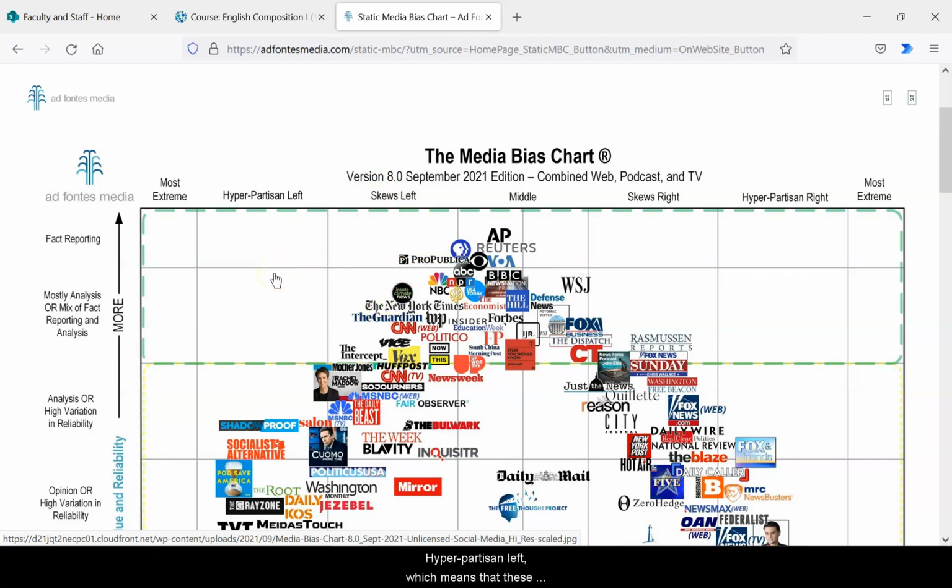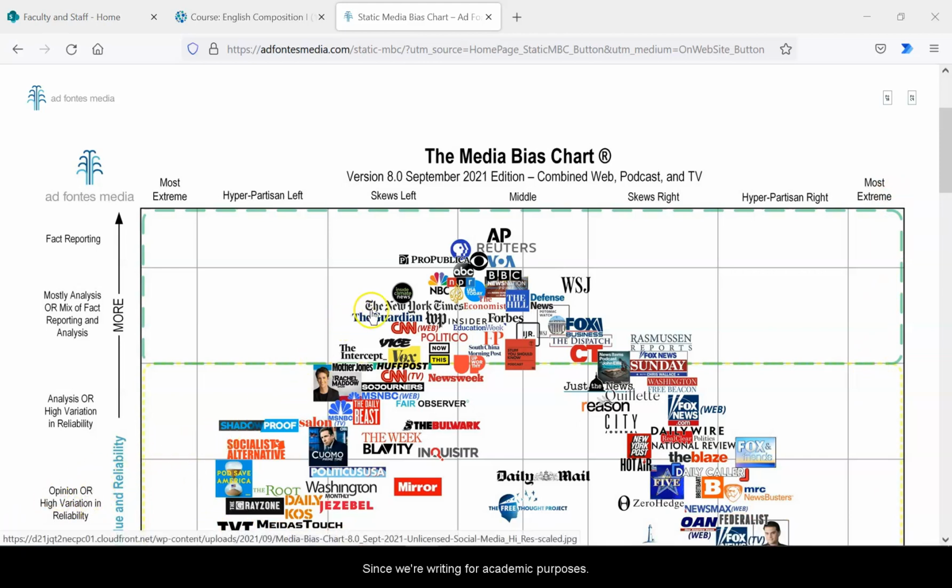Hyper-partisan left, which means that these sources are very liberal and partisan. And then there is a column for the most extreme on both ends of the chart. Over here on the right, you can see that there are sources that tend to skew more right, and then sources that become increasingly partisan, and finally, again on the right, most extreme.